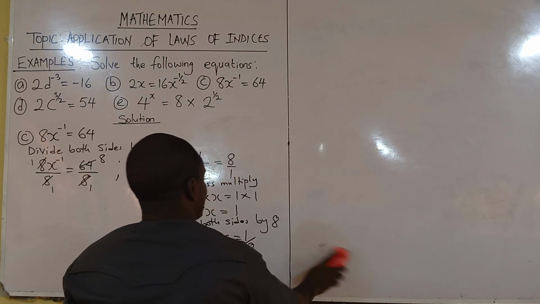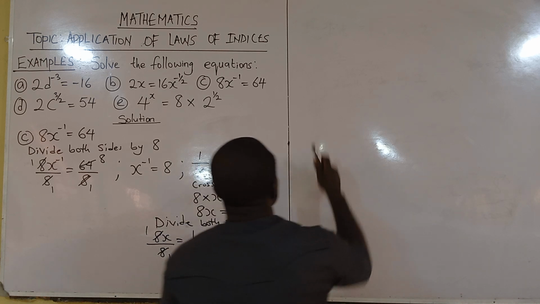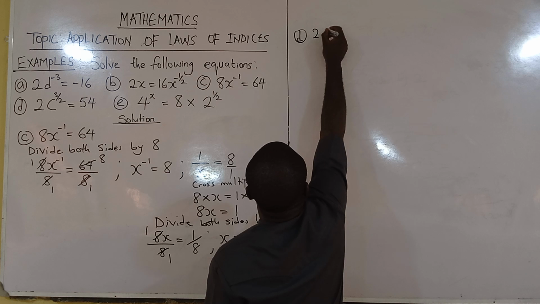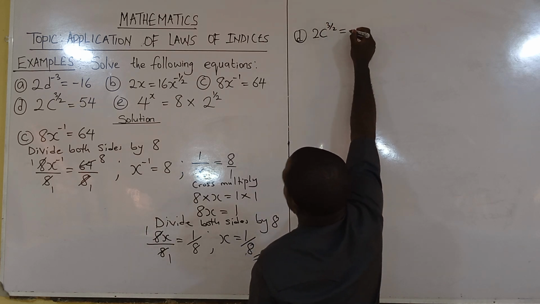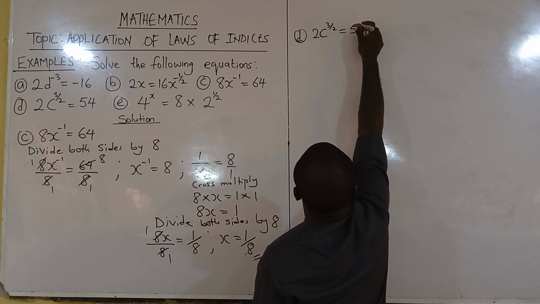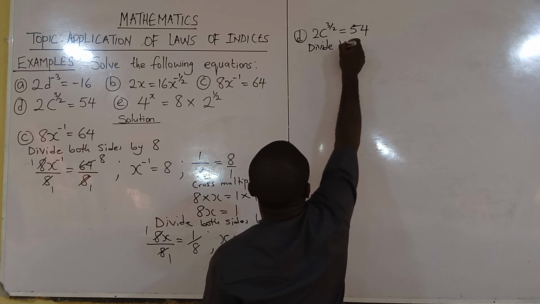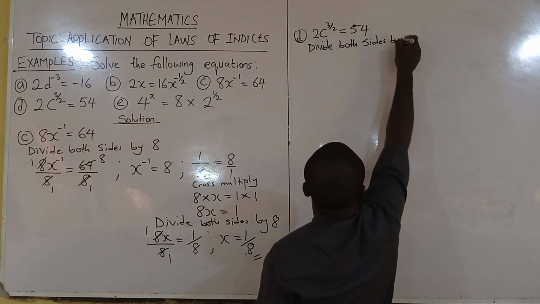D part of the question, we are told that 2c raised to power 3 over 2 equals 54. Divide both sides by 2.